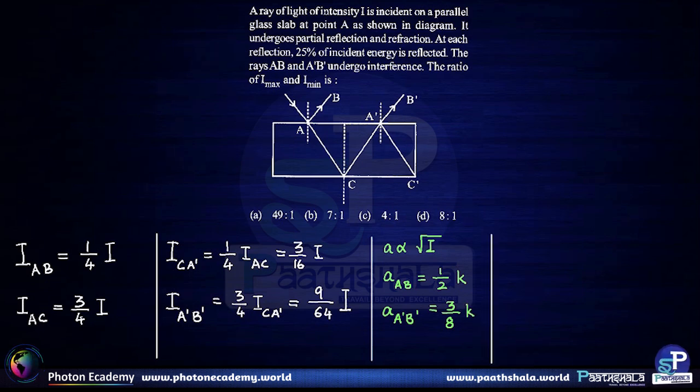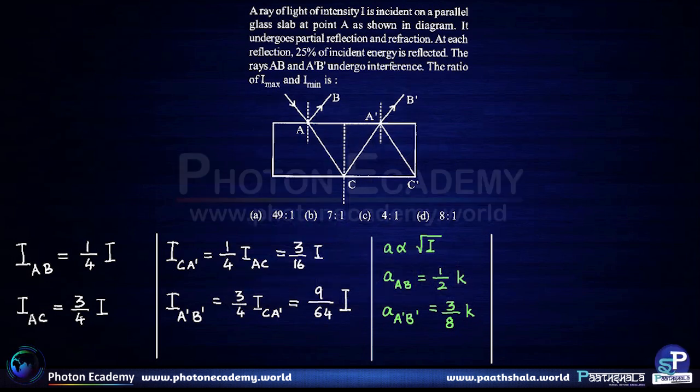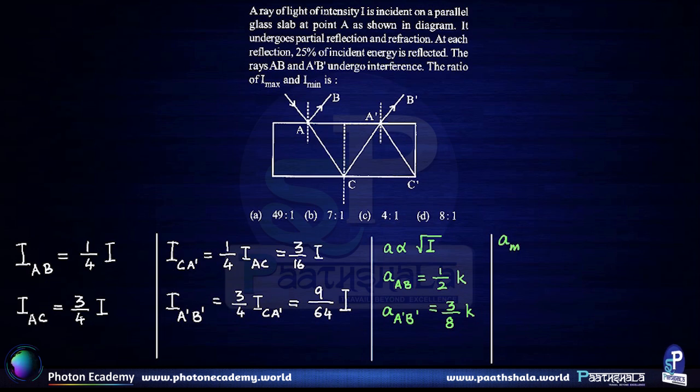When two sinusoids of amplitudes 1 by 2 and 3 by 8 interfere, what are the maximum and the minimum amplitudes? They would be basically 1 by 2 plus 3 by 8 and 1 by 2 minus 3 by 8. And hence we have the maximum amplitude equal to (1 by 2 plus 3 by 8) into k, which is equal to 7 by 8 k.